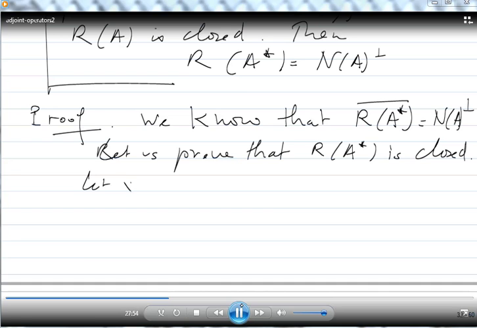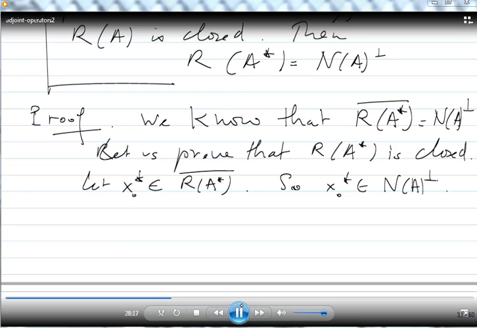So here, let x0 star belong to the closure of R of A star, and let us prove that in fact it belongs to R of A star. So x0 star belongs to N of A orthogonal.